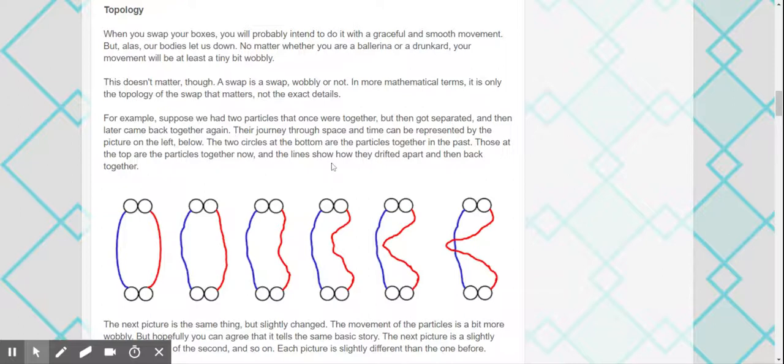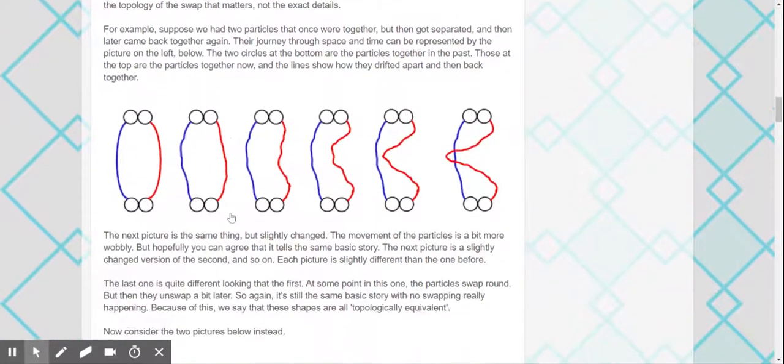For example, suppose that we had two particles that once were together but then got separated and later came back together again. Their journey through space and time can be represented by the picture on the left below. The two particles at the bottom are the particles together in the past. Those at the top are the particles together now, and the lines show how they drifted apart and then back together.